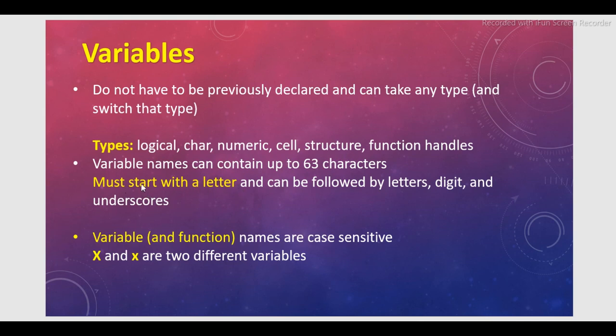Must start with a letter. Don't forget it, and can be followed by letters, digits, and underscores. And next, variable and function names are case sensitive. That is, capital X and small x are two different variables.